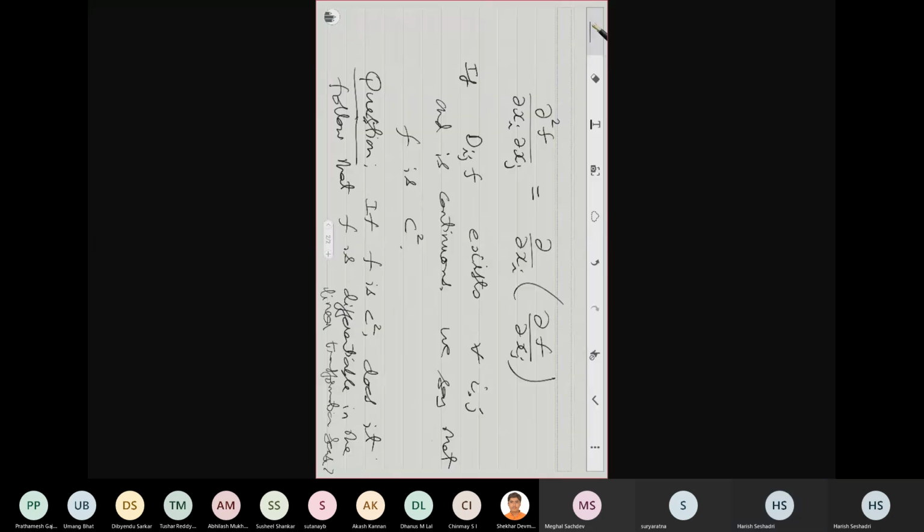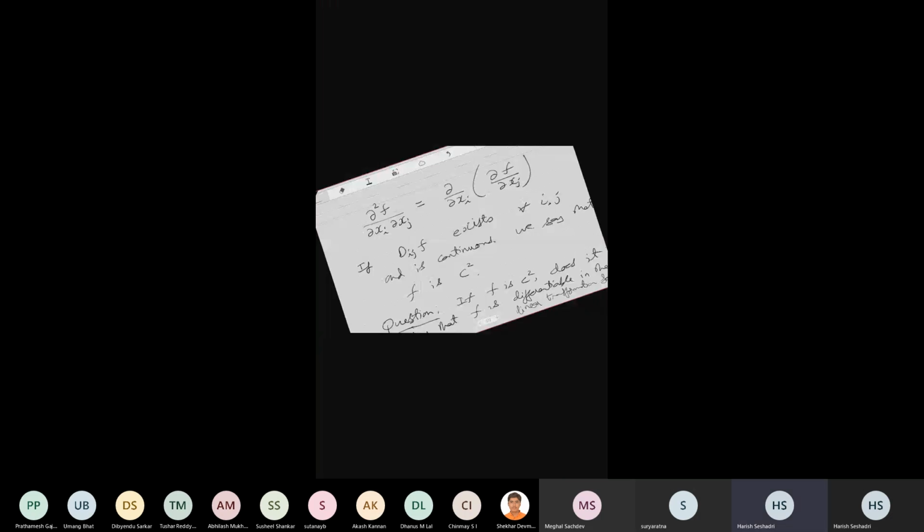In other words, more specifically, are the first order partial derivatives of f continuous?